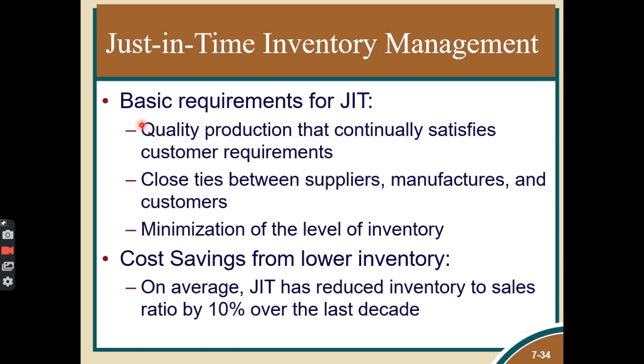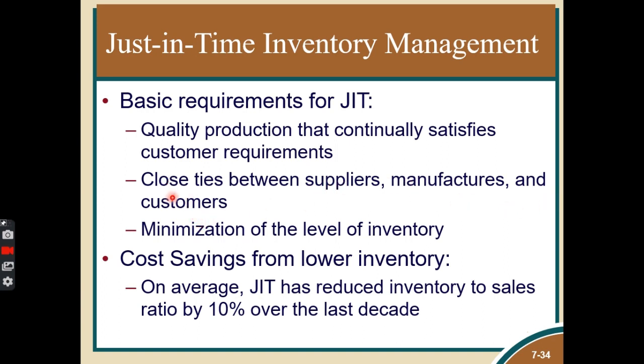The basic requirements for just-in-time inventory are, number one, there should be quality production that continually satisfies customer requirements. Meaning even if we are following this system, we are still able to produce at the same quality or, if not, higher quality. Next, we should have close ties with suppliers, manufacturers, and customers.